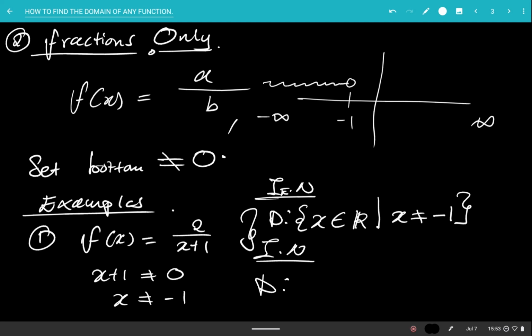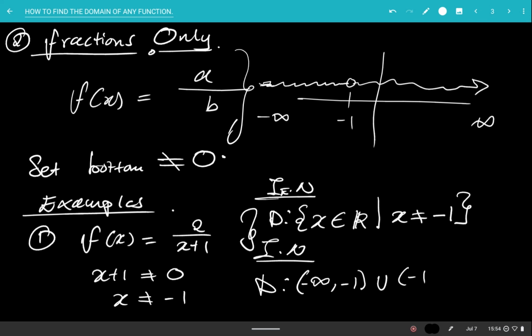And from minus 1 to positive infinity. Which means that if I use the interval notation, it starts from minus infinity, going to minus 1. So it's going to be from negative infinity up to minus 1. But again, it will span from minus 1 to positive infinity.